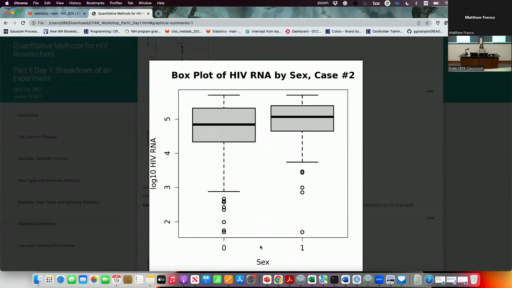So here I have to guess whether the 1 is female or male. Okay, but here we could say, if you look at this 0 to 1, the median is slightly lower for 0 than for 1. And in terms of distribution, both of them are heavy-tailed towards the left.